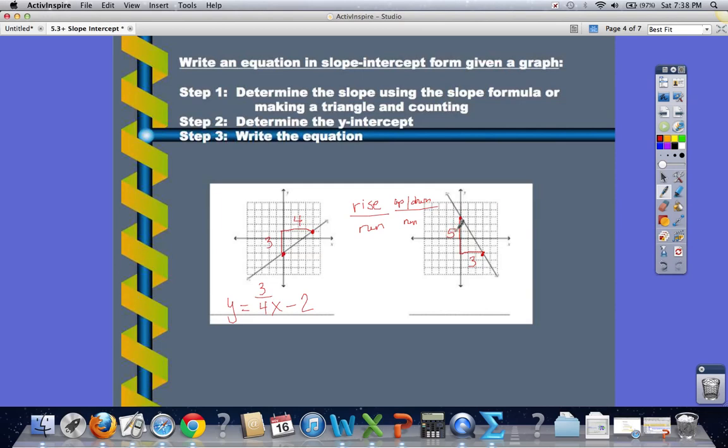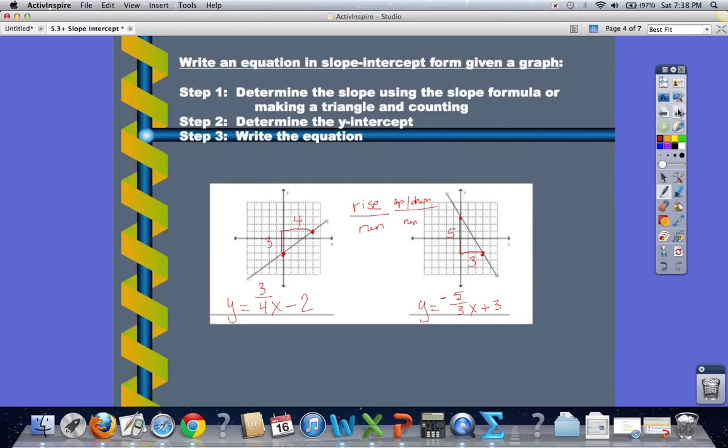All right, and then you see, is it a positive or negative slope? This one is negative. It's going down if you read it left to right, so I'm going to put a negative. I went up or down 5, and then I ran 3. Put your x, and then you look at the place where it crosses the y. It crosses the y right here, and that place is 3. So it's going to be a positive 3. And those are your 2 equations for those graphs.